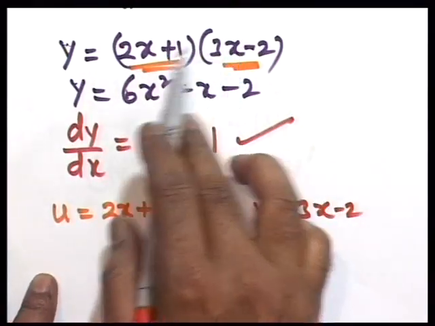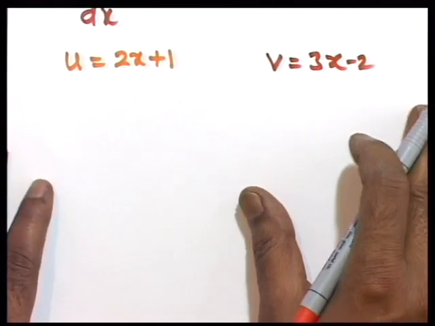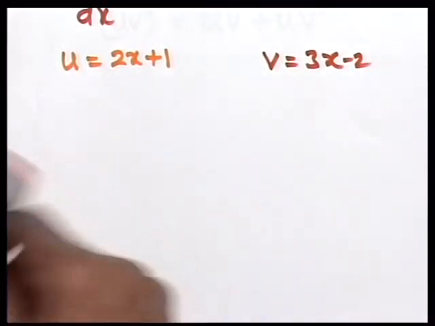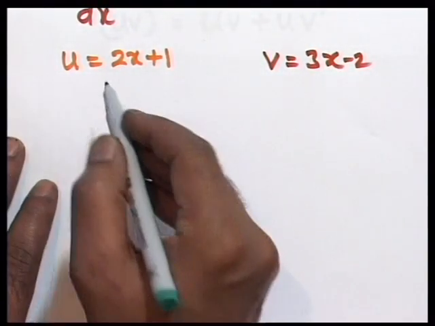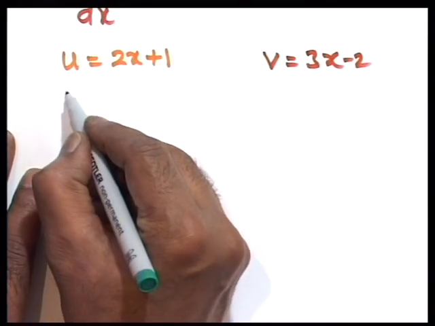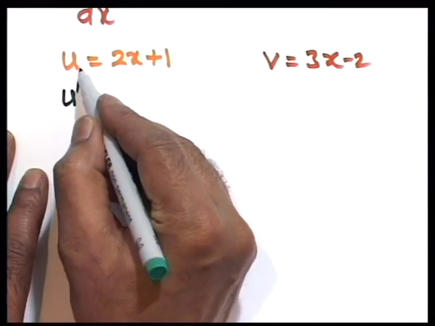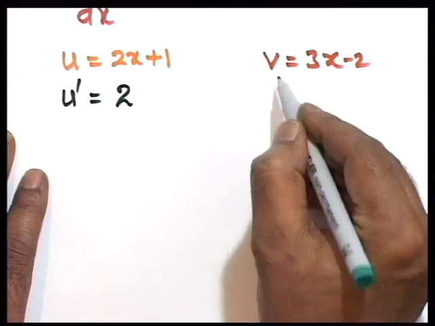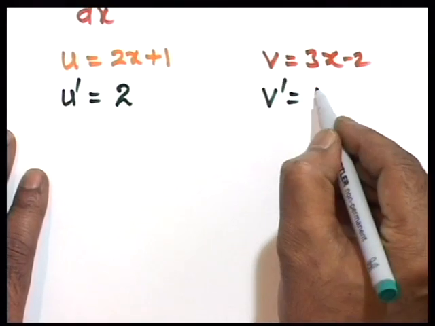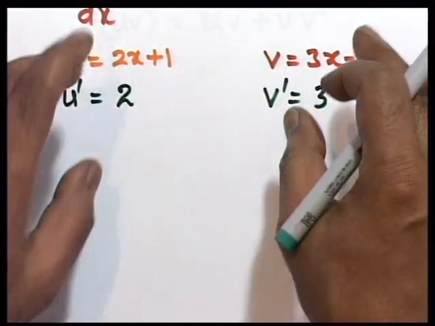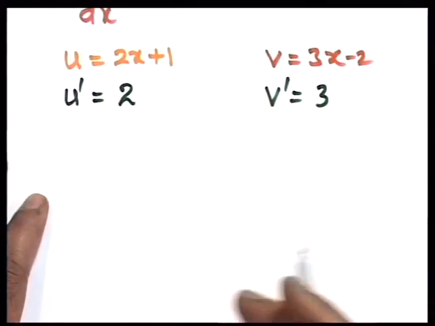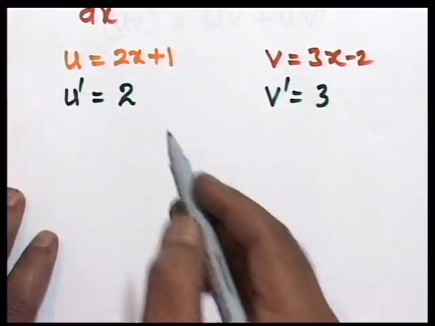Guys, watch, it's the same sum, right? Now, let's find the differentiation here itself. u dash means du over dx, which is 2. And v dash is 3. That's all. Once you write those four, you're ready to write the final answer.